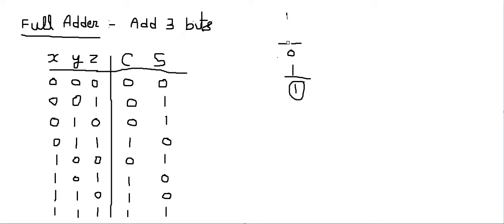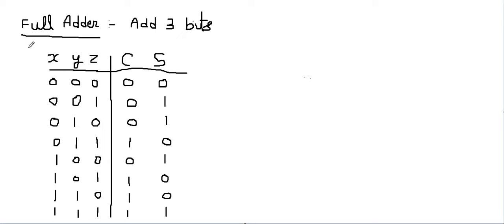You just need to focus on the concept of adding, and if the concept of half adder is clear to you, then it will be very easy for you to generate the truth table of the full adder. Now, what is the next step to do?